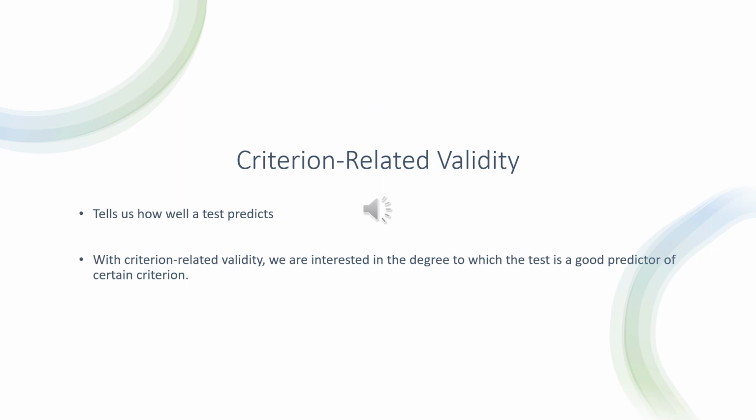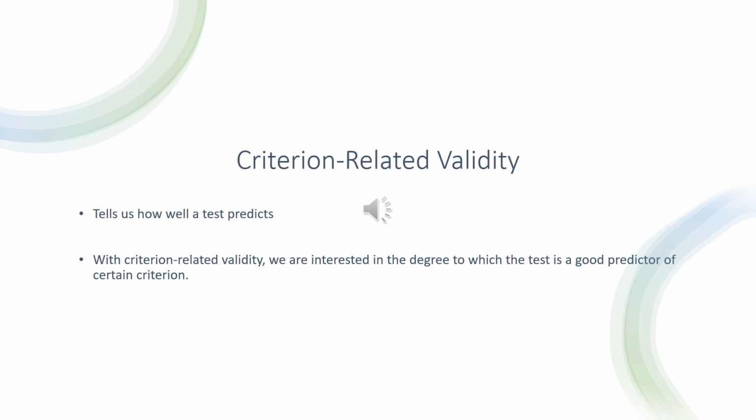Onto criterion-related validity. Criterion-related validity tells us how well a test predicts something. Okay, a more formal definition would be the extent to which a test is systematically related to an outcome criterion.